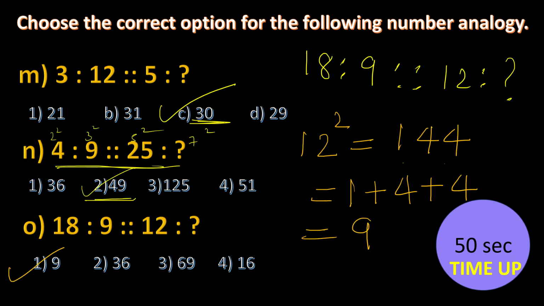So option 1 is the correct option. 9 is the correct option. Okay. So understanding students, right? So that is the logic here.